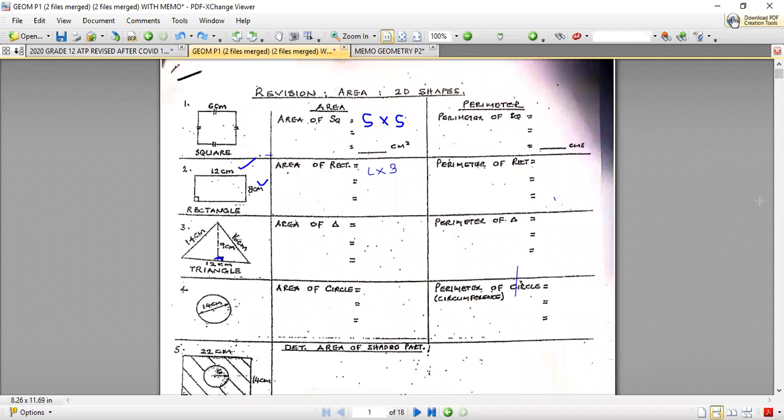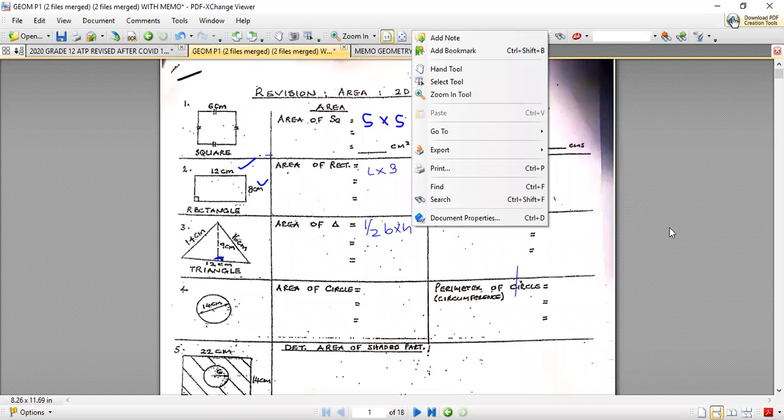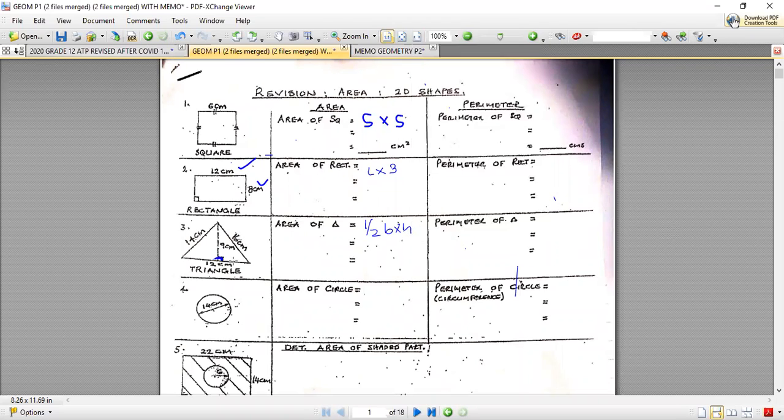Now let's look at our next shape, which is our triangle. The area of any triangle, we should be familiar with this formula, which is half base times height. In our figure here, the base is 12 and the height is 9.